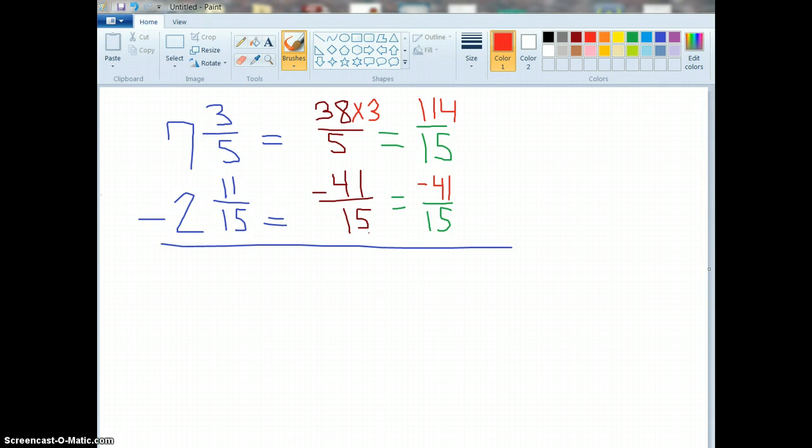Think of it this way, 15 can go into itself just one time, and 1 times 41 will still give you 41. With this method, you can always subtract the numerators to get a positive numerator. So we have 73 over 15.